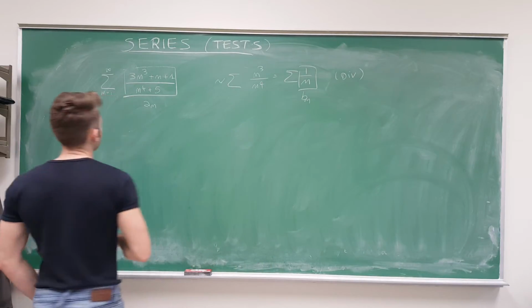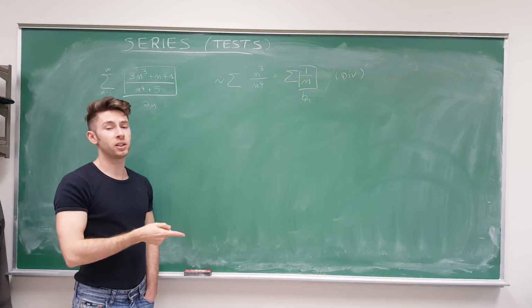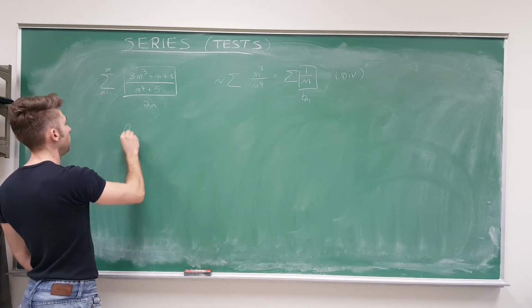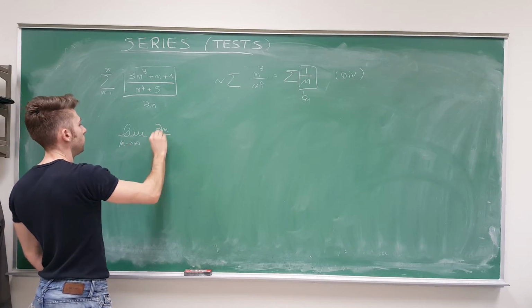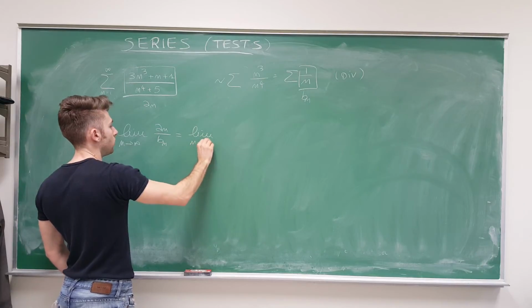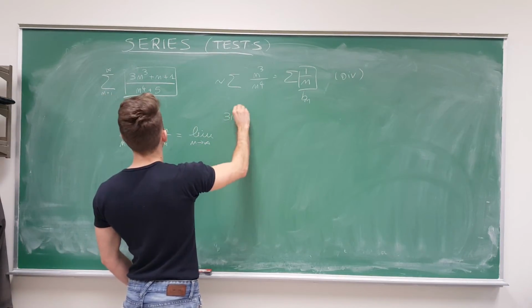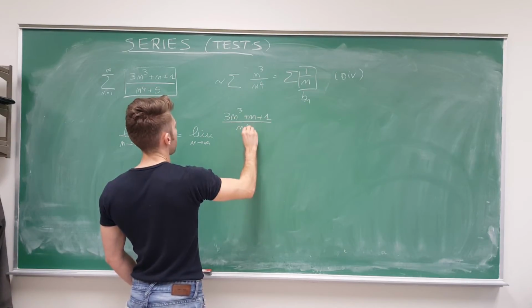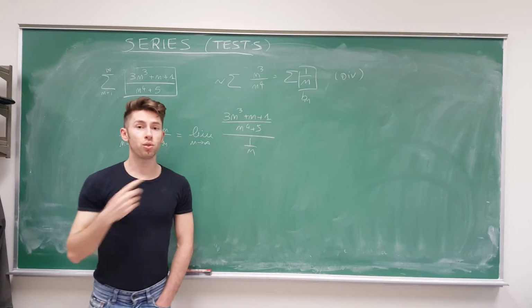Now, I could try to produce an estimate, but I think it would just be easier to do the limit comparison test, so let's go ahead. So what is this limit? The ratio of two fractions.